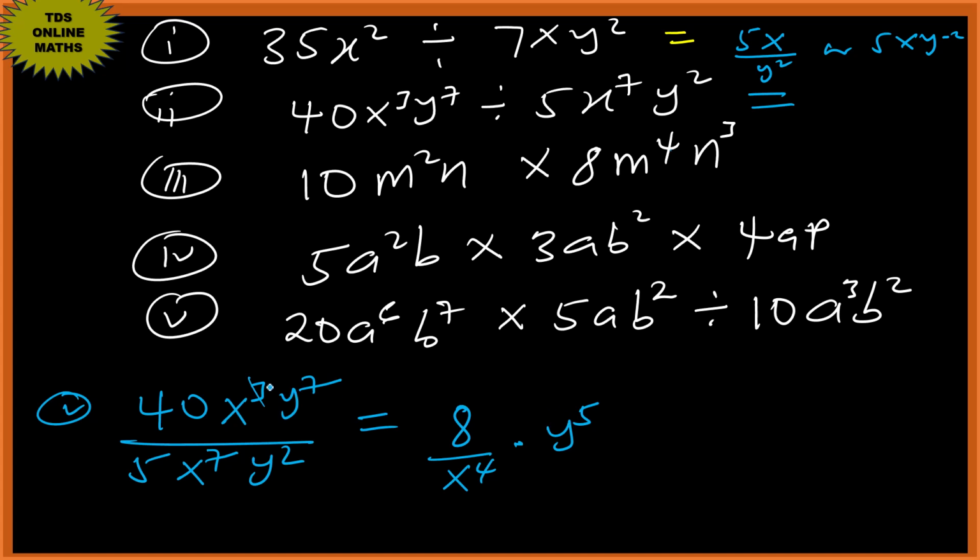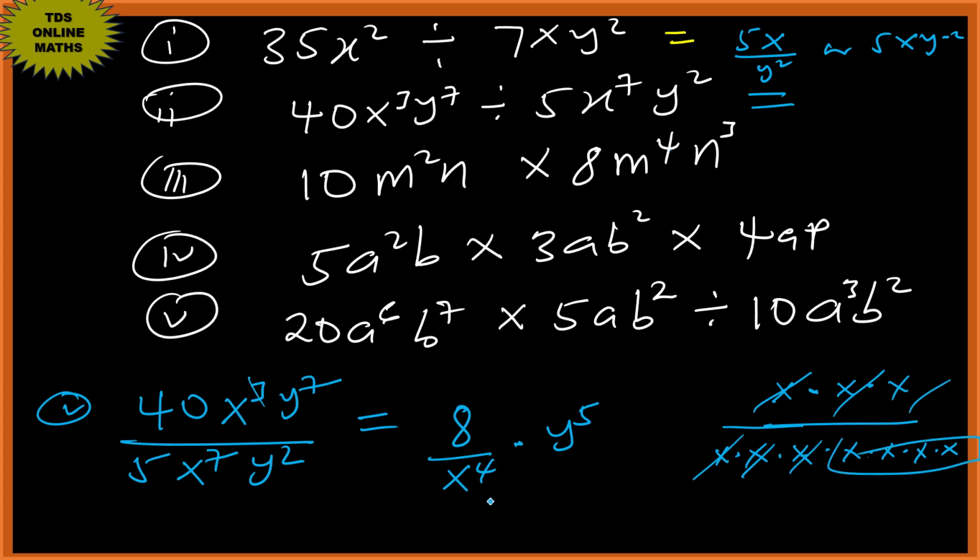This one is the same as x multiplying itself 3 times, and this one is x multiplying itself 7 times. So this one will cancel this, this one will cancel this, this one will cancel this. So I will leave x to the power 4 here.